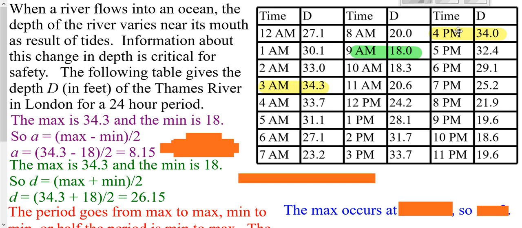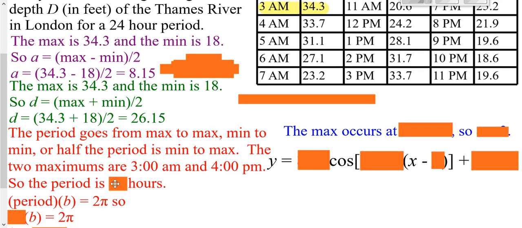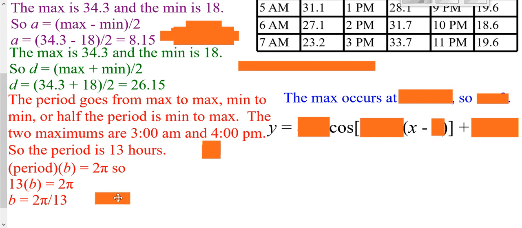Our next maximum is at 4 in the afternoon. Well, 3 in the morning to 4 in the afternoon is 13 hours. So that's our period. And we can use our period times B is equal to our normal period of 2 pi. 13 times B is equal to 2 pi, and we get our B value.